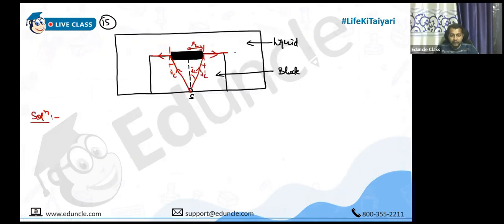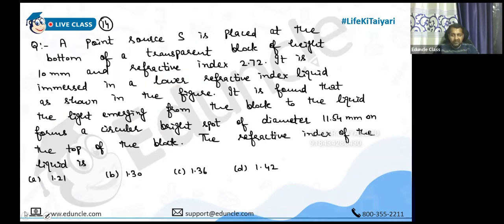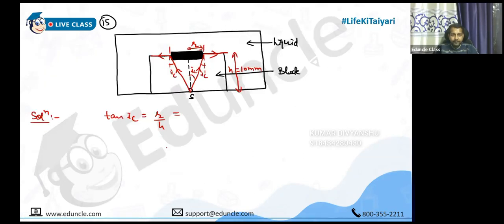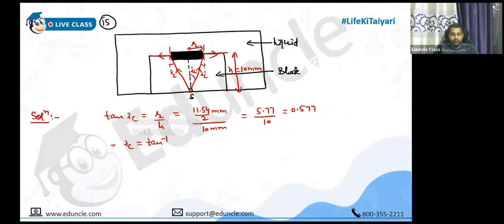The block height is given to be 10 mm. Let's call it H. So tan IC is R by H. So what is R? 11.54, half of it, no? What is the angle?